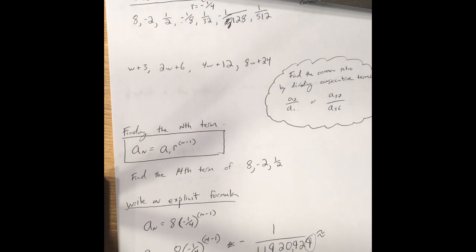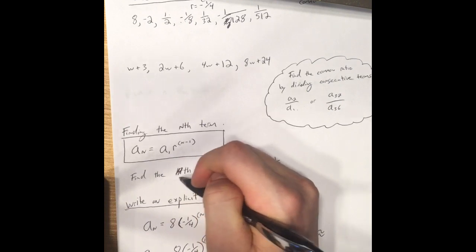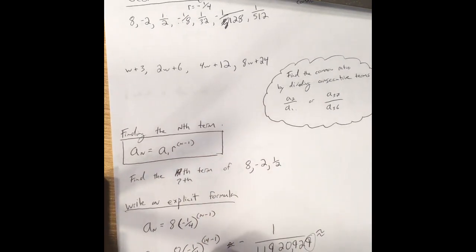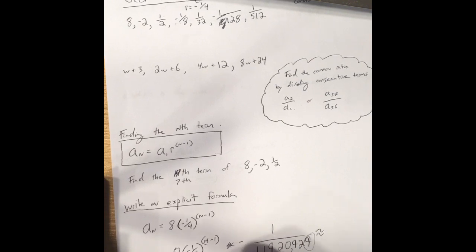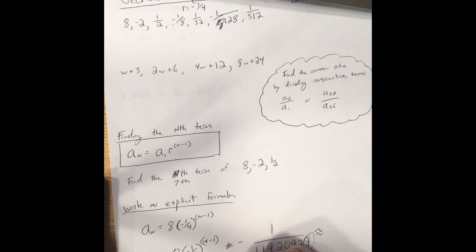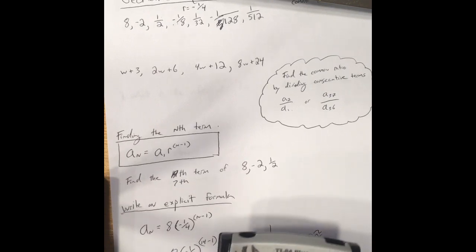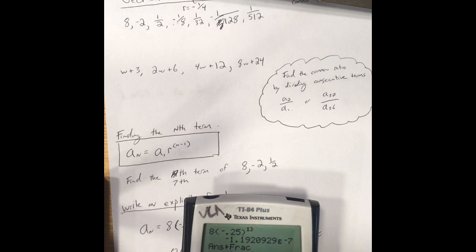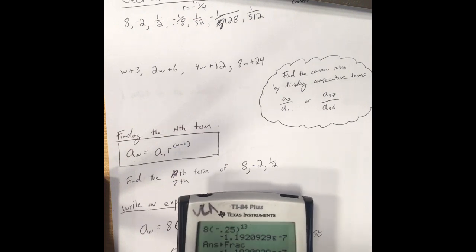Let's, just for kicks, find the 7th term. That would be more fun. A sub 7 is equal to 8 times negative 1/4 to the 7 minus 1, so that's to the 6th. I'm going to hit enter and then just modify this by putting a 6 here instead of 13.